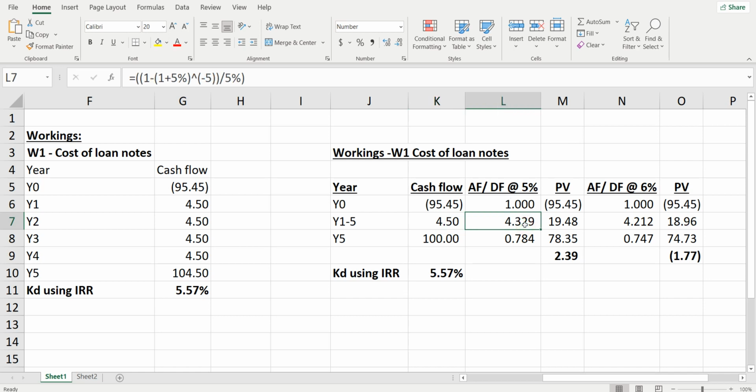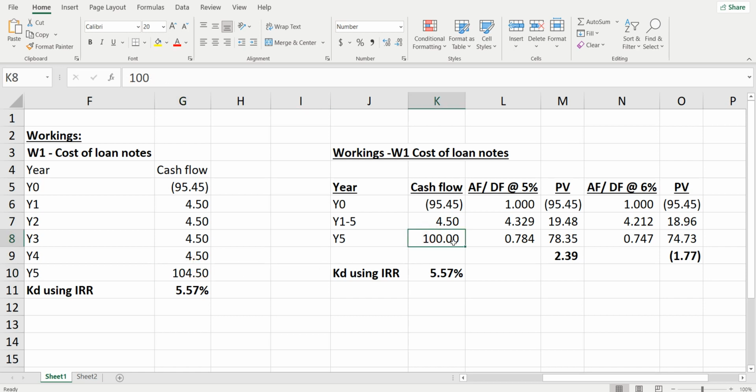Now for the annuity factor, you have to use the formula 1 minus (1 plus r) to the power minus n, divided by r, and then multiply the cash flow by the AF or DF. Same for 6%. Multiply by year 5. We are just taking 100 because we are taking 4.5 for years 1 to 5, so we don't have to add here like we did there.